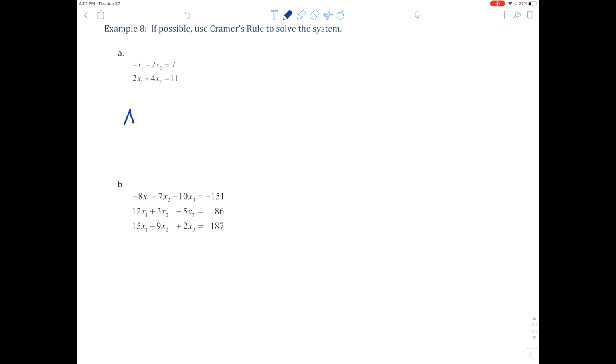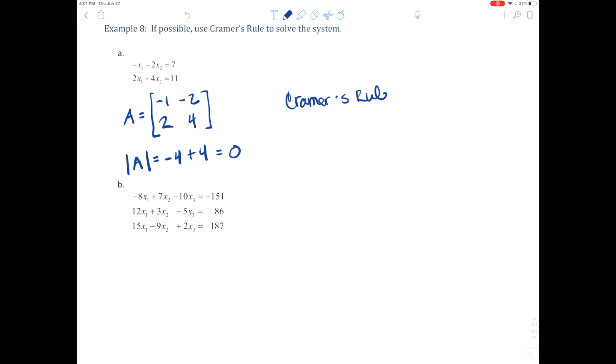So A equals -1, -2, 2, and 4. And so the determinant of A will be -4 plus 4, which is 0. So Cramer's rule does not apply.